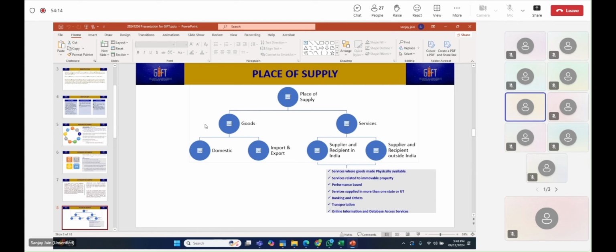Then how do you define place of supply for such a single contract? There are also banking service, transportation service, and online information and database service. So there are different rules related to place of supply, and you need to study the rules and check whether you are interpreting them properly.